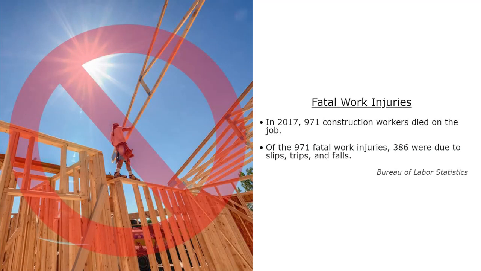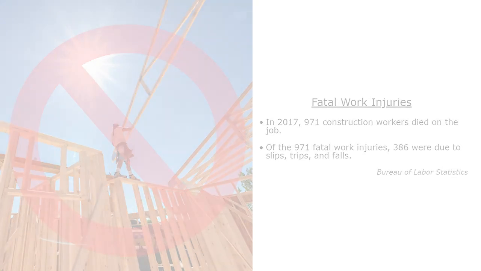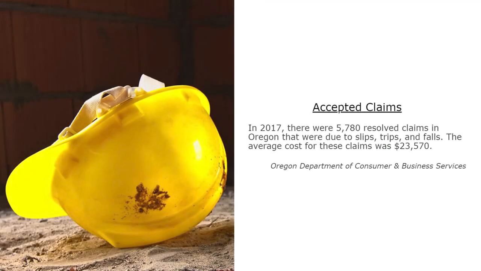Fatal work injuries. In 2017, 971 construction workers died on the job. Of the 971 fatal work injuries, 386 were due to slips, trips, and falls. Source: Bureau of Labor Statistics. Accepted claims.